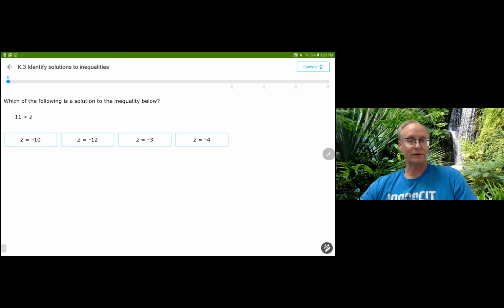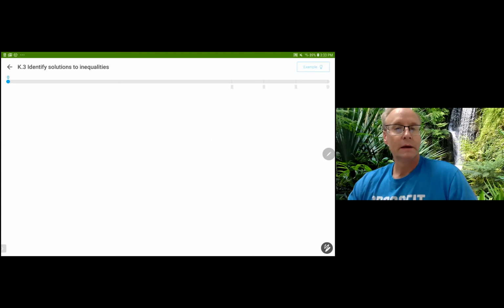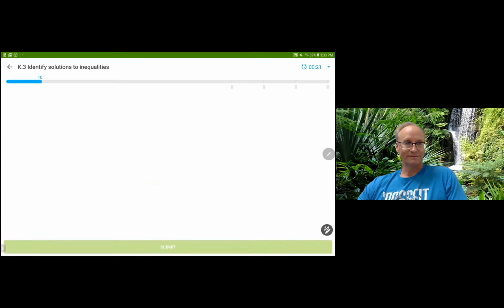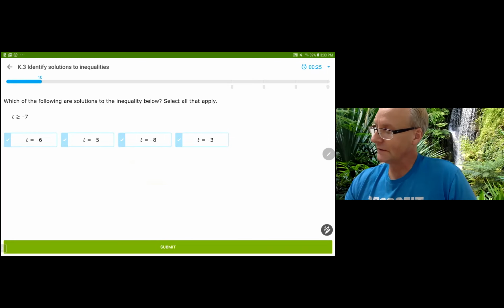It's really easy to make a mistake in this because it says that z is less than negative 11, which means that we're talking about negative 12. And there was only one to choose. In this case, t is greater than or equal to negative 7, which would be negative 6, negative 5, and negative 3.